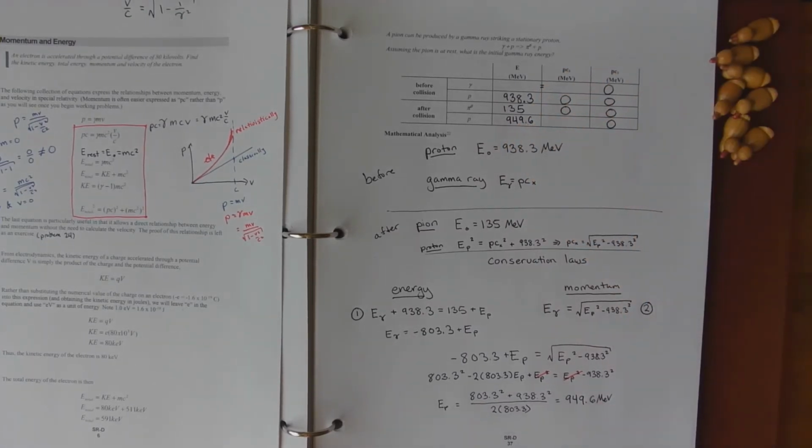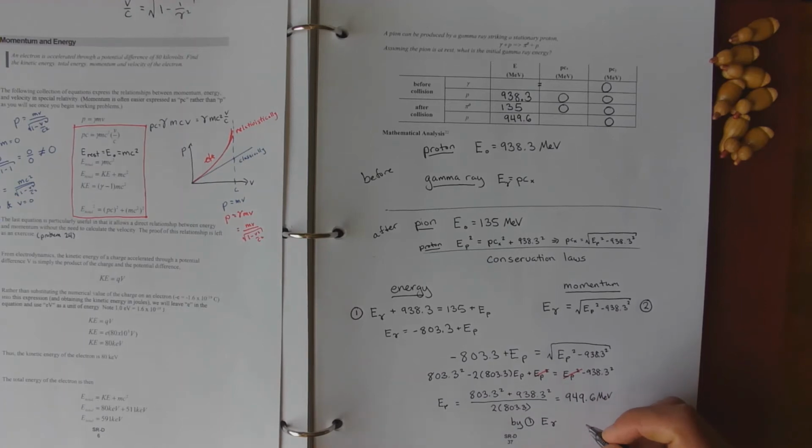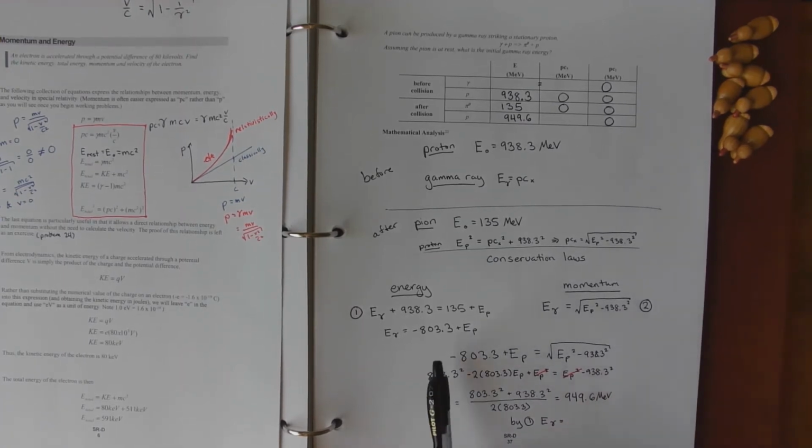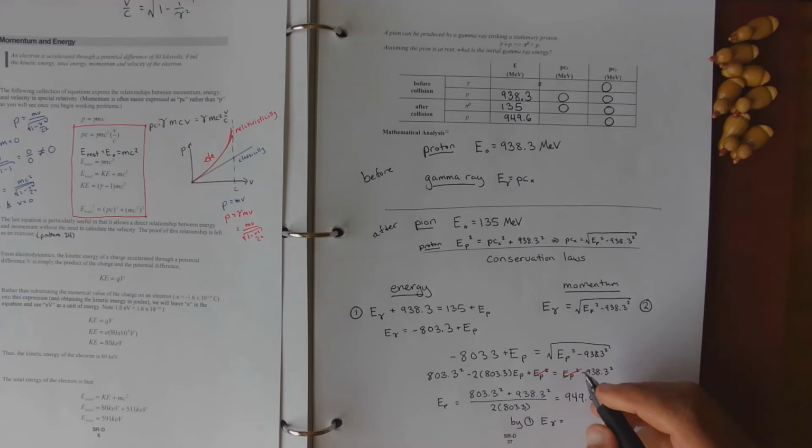949.6. And then by equation 1, or you can use this, here we have E gamma is equal to 949.6 minus 803.3, which gives us 146.3.